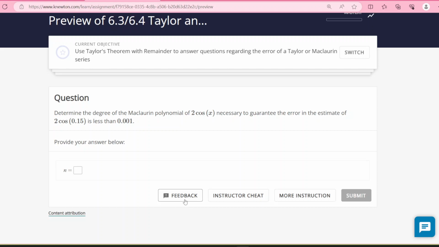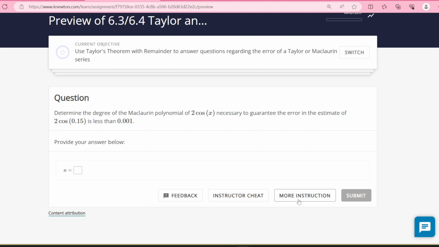So if you see any issues with the question itself, or maybe the answer explanations, you can send feedback directly to Newton, and hopefully someone will get back to you and fix your issue. You will not have this instructor cheat button. This is for instructors only. But you will have a more instruction button.